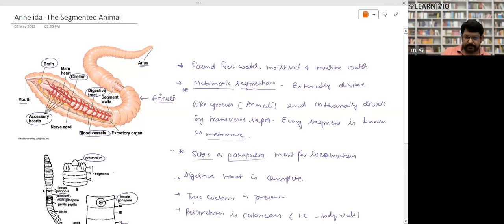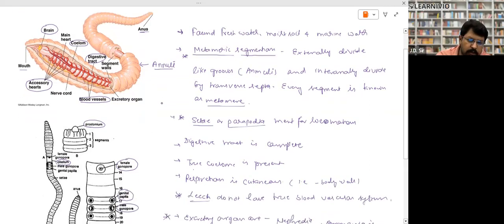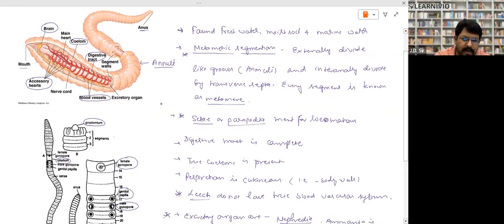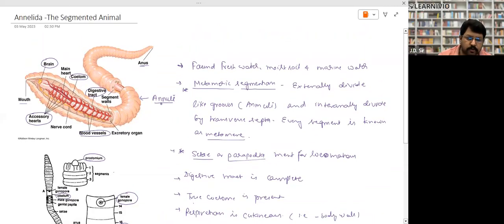Next point. One more thing I want to tell you: on the lower part there is an outgrowth, a hair-like structure, right?